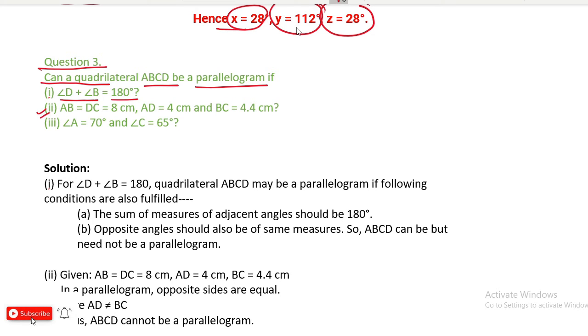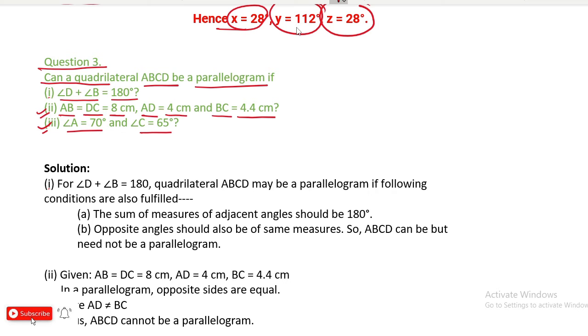Second, AB is equal to DC is equal to 8 centimeter, AD is 4 centimeter and BC is 4.4 centimeter. Third, angle A is equal to 70 and angle C is equal to 65.